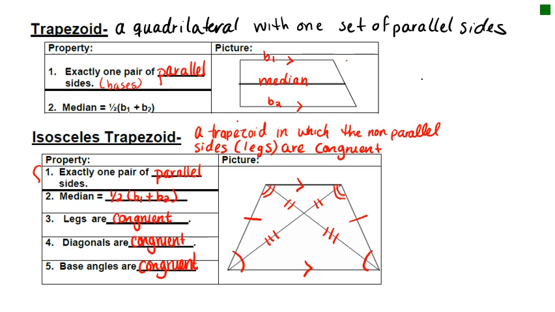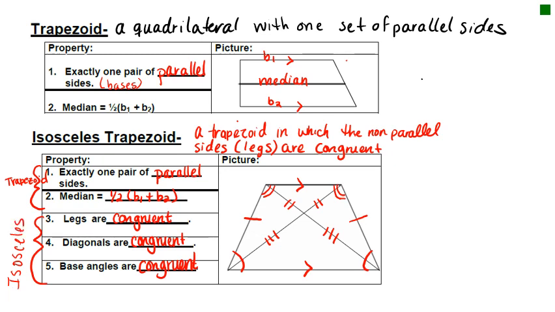So these first two properties that we have here are true for any trapezoid. And then these are for isosceles trapezoids only.